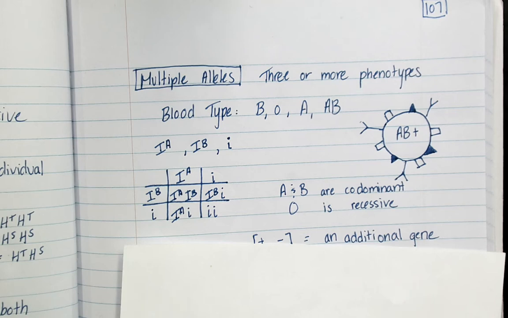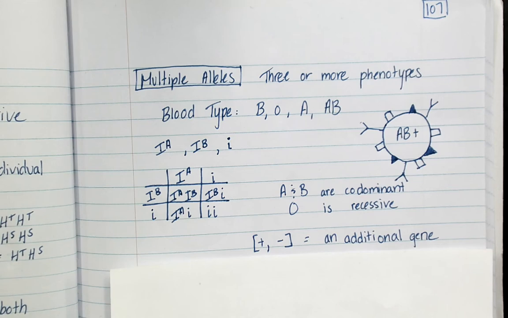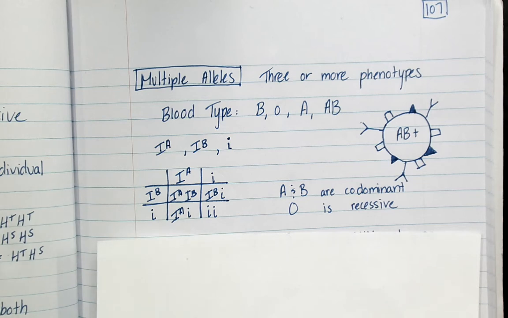On the flip hand, if you have AB positive blood, you are a universal receiver. You can accept blood from anyone because you have all 3 markers on your blood.